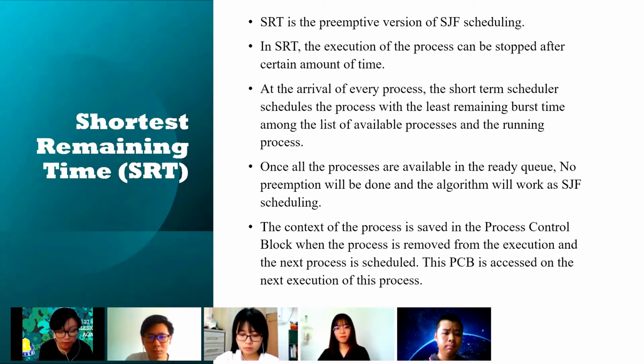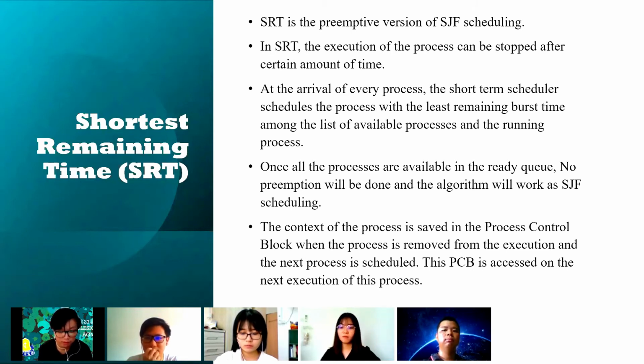These algorithms require advanced knowledge of the CPU times required to process the job in an interactive system, and hence cannot be implemented there. But in a batch system, where it is desirable to give preference to short jobs, the SRT algorithm is used. In SRT, the execution of a process can be stopped after a certain amount of time.